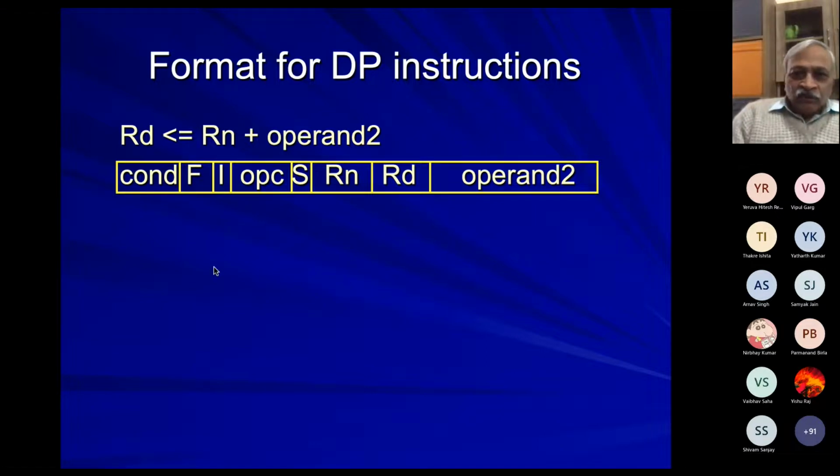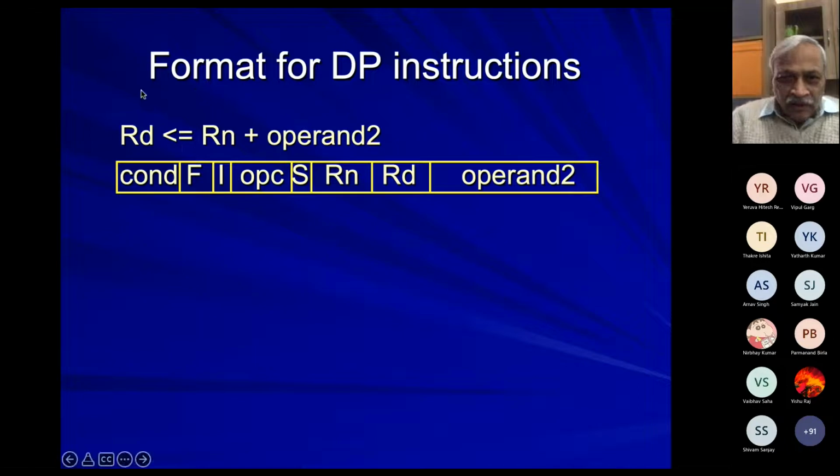So in particular, look at a field which I have designated as F. So F is a format type. It's a 2-bit field, which means it can have 4 different values, and one of the values specifies that it's a DP instruction, or data processing instruction. There are many data processing instructions, and plus is one of them.